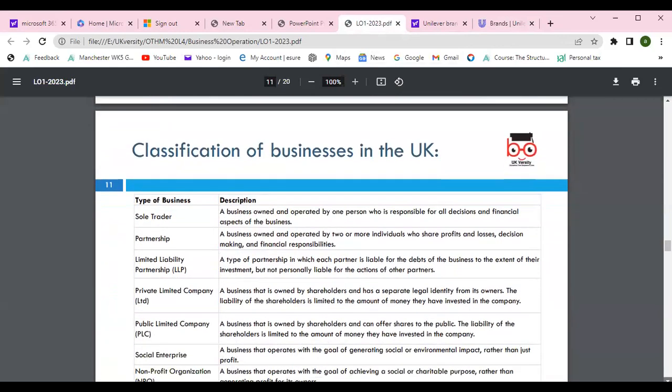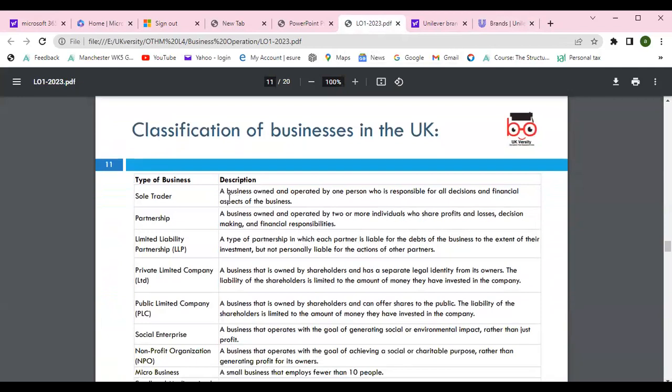Classification of business in the UK: sole trader, we said earlier, we watched the video as well, 1 person. Partnership, 2 to 20. Yes, and we can share equally. We can share 10%, 5%, whatever percentage. Yes, and we have a written agreement. LLP, if we have a limited partnership of up to 20 people, we can register it as a company.